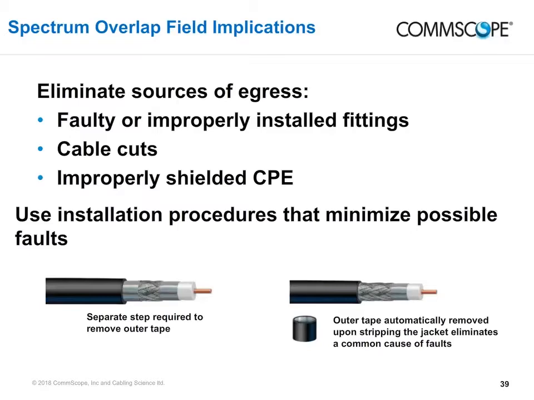For example, a common problem with tri-shielded drop cable is difficulty in removing the outer tape and the associated increased possibility of cutting braided shielding, when this is done by hand as a separate step rather than with a cable prep tool. The use of tri-shield drop cable manufactured with the outer shield bonded to the tape eliminates the need to remove the tape as a separate step and avoids inadvertent damage to the braided shielding.